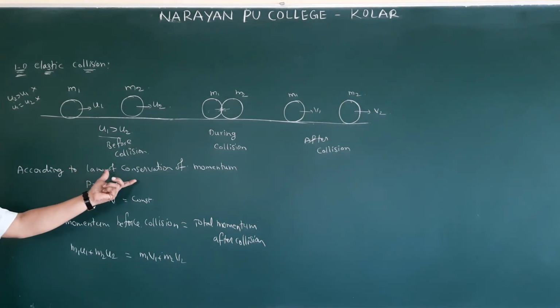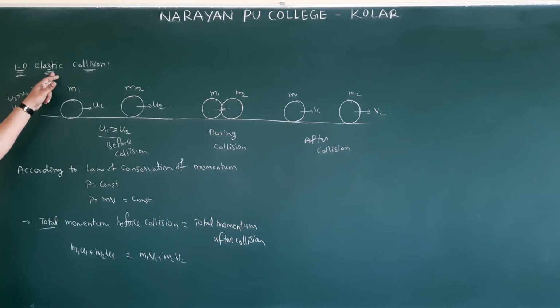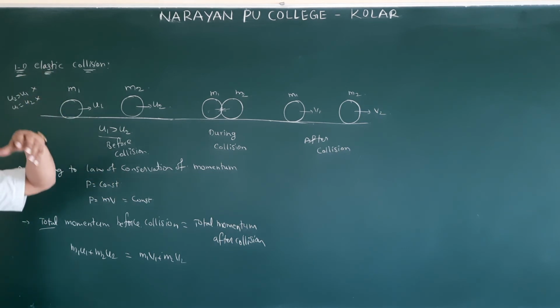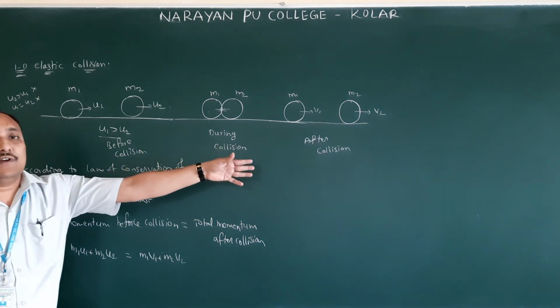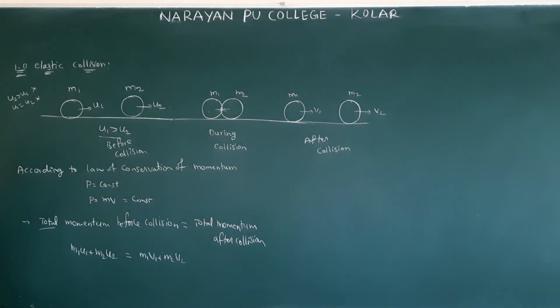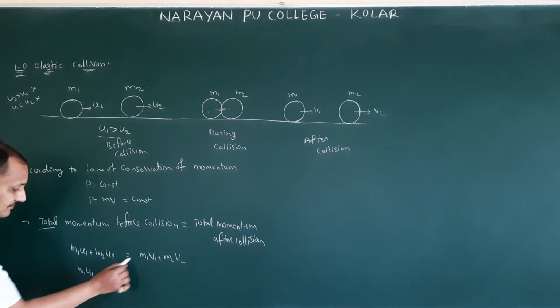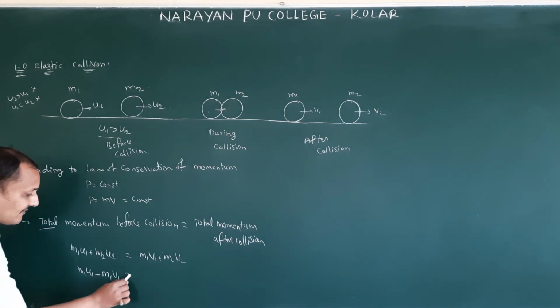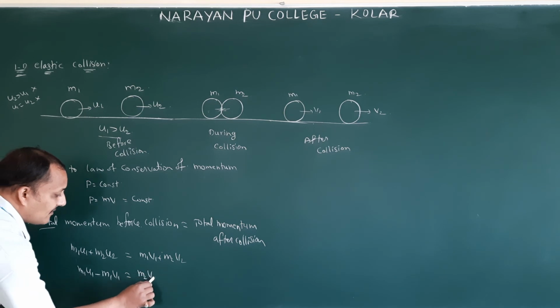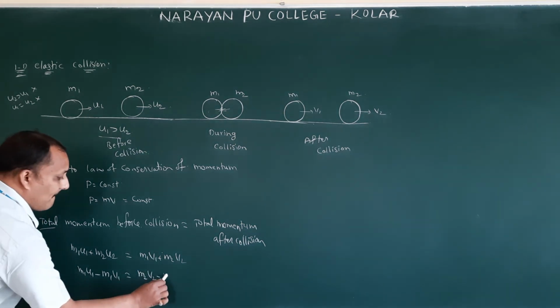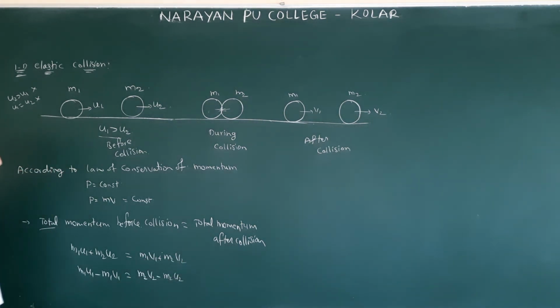Why have we taken momentum? Because it is an elastic collision, and in elastic collision both momentum and energy are conserved. Before taking energy, see this equation. Separate the m1 terms and the m2 terms. Bring this to this side: m1 u1 minus m1 v1 is equal to m2 v2 minus m2 u2.